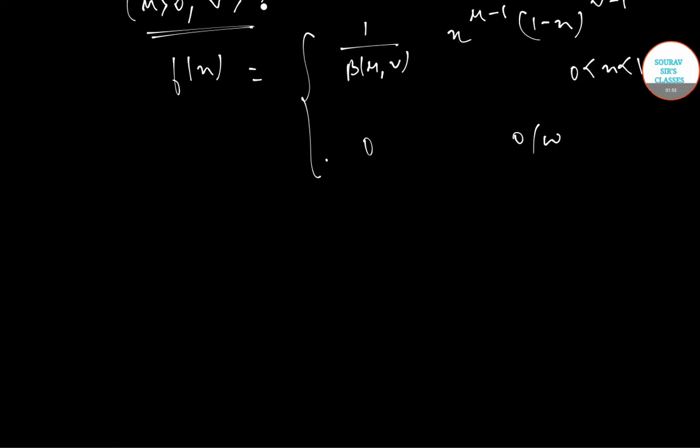It is generally referred to as a beta 1 (mu, v) variate.